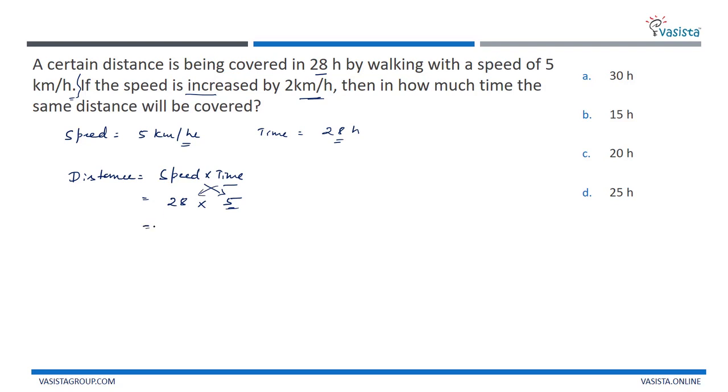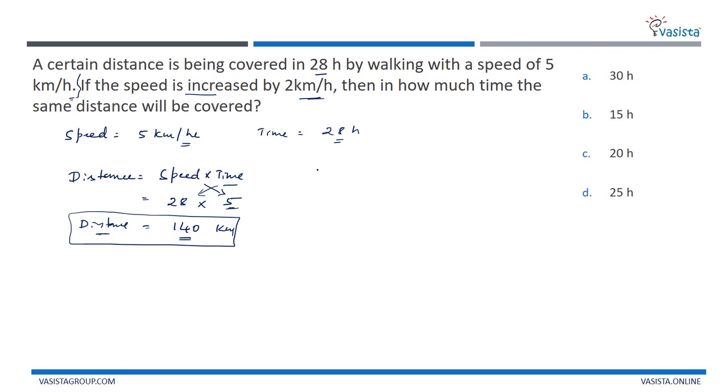You just multiply, and you are going to get the distance. Distance covered in 28 hours at a speed of 5 km per hour is 140 km.